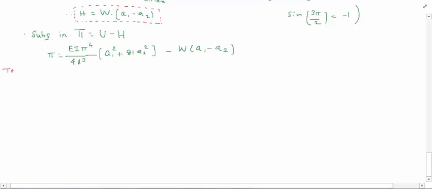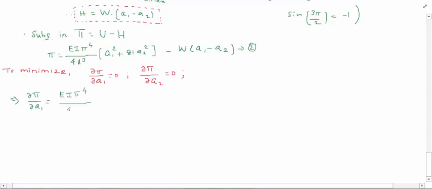Now to minimize this total potential energy function, we have to apply some condition, that is dou pi by dou a1 equal to 0 and dou pi by dou a2 equal to 0. So now apply dou pi by dou a1 to this equation number 2. It will become A pi power 4 divided by 4 L cube into 2a1, and minus W is equal to 0, right?